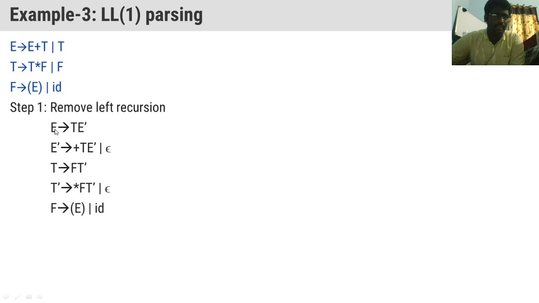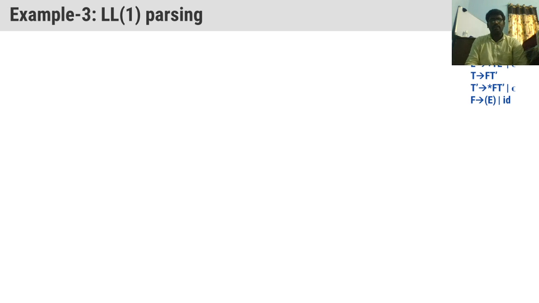E is a non-terminal, E dash is a non-terminal, T is a non-terminal, T dash is a non-terminal, F is a non-terminal. Now we will start with our first non-terminal, capital E, and start computing the first sets.